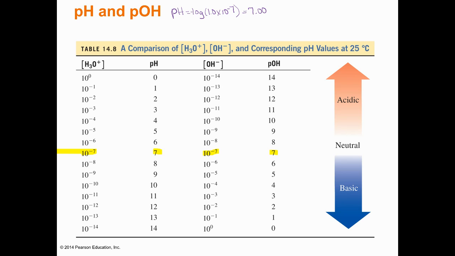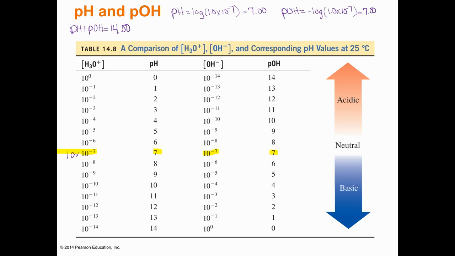And then if you notice, pOH is negative log of 1.0 times 10 to the negative 7. They didn't show the 1.0, those are going to be the same as just saying 10 to the minus 7. And then that's going to equal 7. And then do you notice how pH plus pOH equals 14?